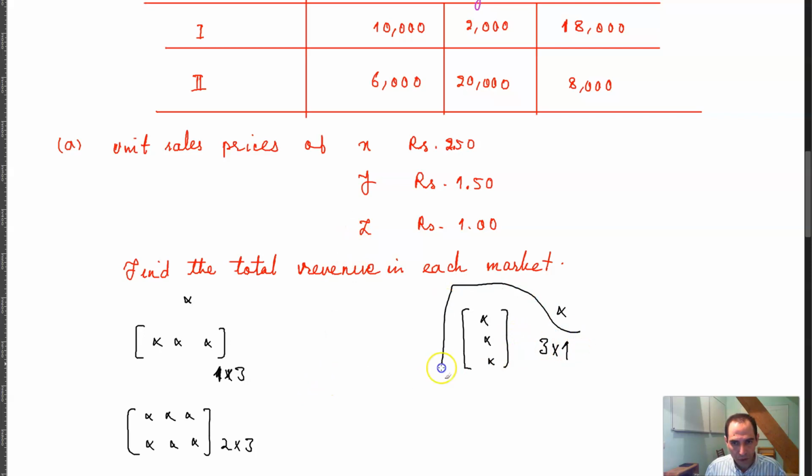So I will have a 3 by 1 matrix and a 2 by 3 matrix.